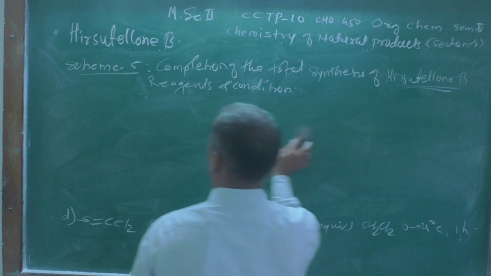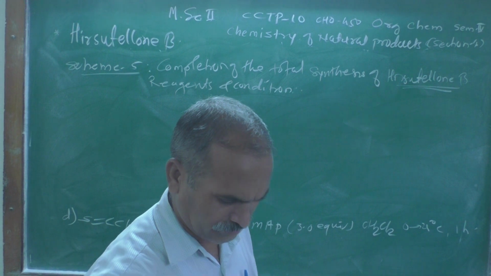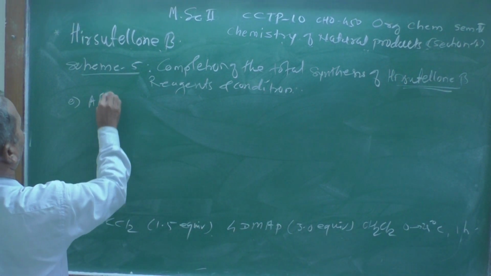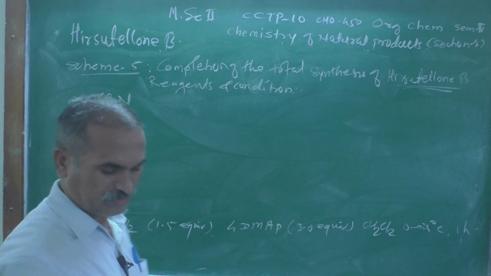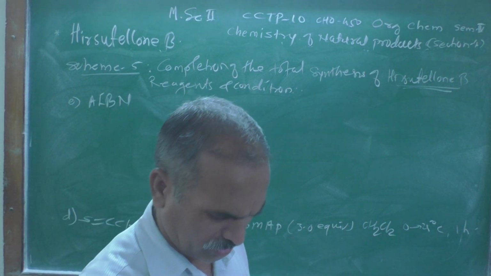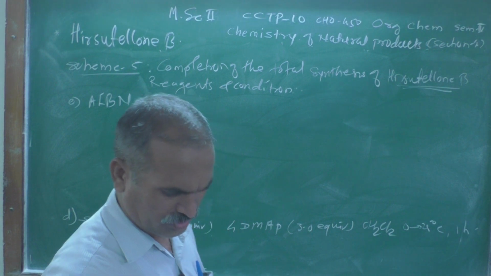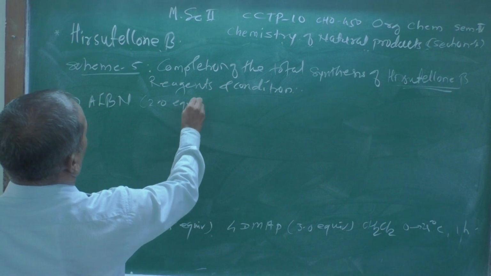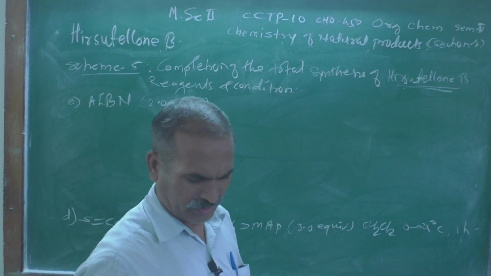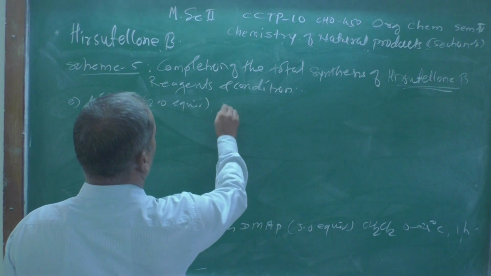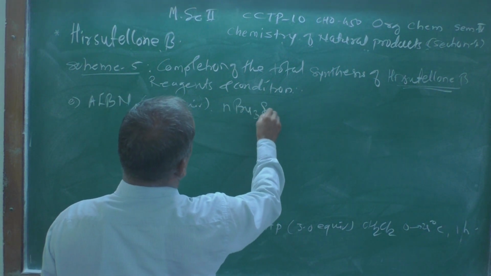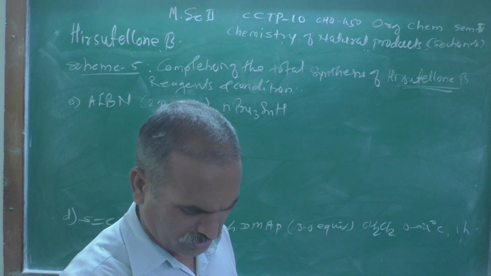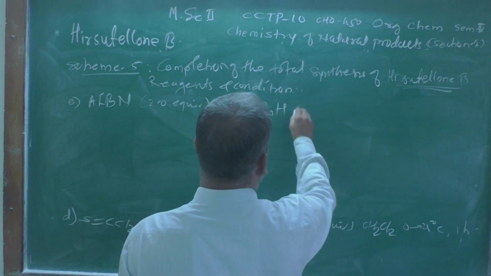So here the next reagent E is AIBN, a radical initiator, taken as 2.0 equivalent, and then Bu3SnH, which is also a very good reagent, taken as 10 equivalent.